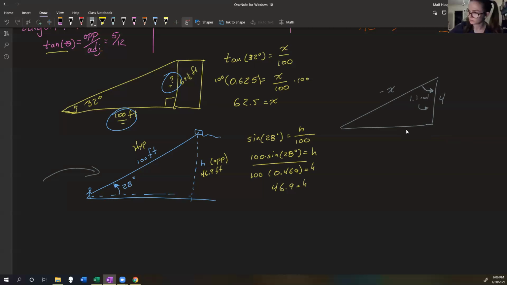Shoot, dang, you're right. So in reference to that angle, that's the adjacent side. This is a hypotenuse. So we would use the cosine of the 1.1 equals 4 over that x.